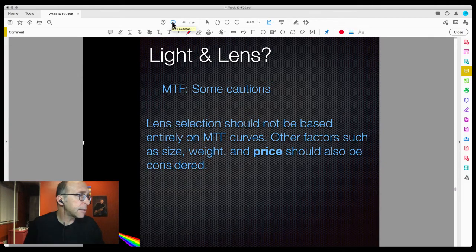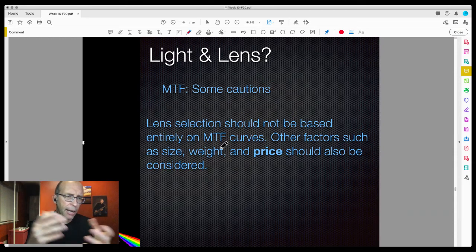Another thing, before you get too hung up about MTF graphs, because you can start looking at them and feeling really bad about your lens. Oh my gosh, the MTF isn't all that great. But one thing you should keep in mind is a lot of these lenses that have a great MTF graph are also quite expensive. Also, some of these lenses that perform really well are big and heavy.